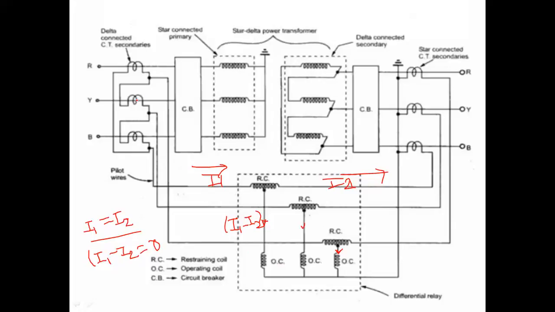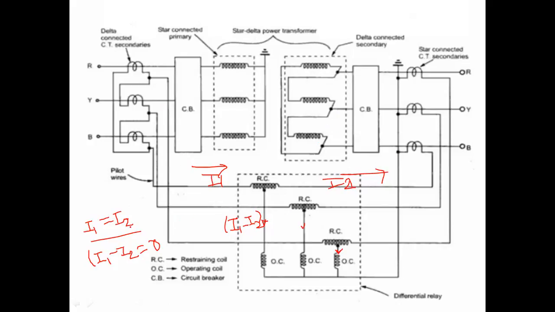But when any fault occurs, whether an internal fault or some external fault, such as a winding fault, then what happens? There will be some difference between these two currents. Suppose a fault occurred in this primary winding only. Then the current flowing through the primary will be different, and the current flowing at the secondary will be different.